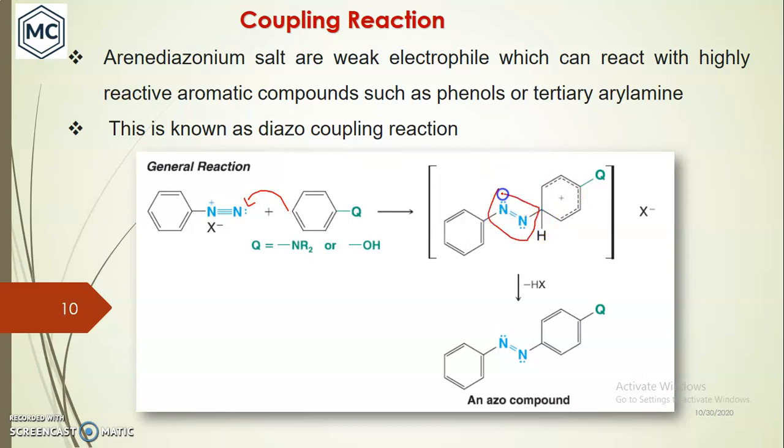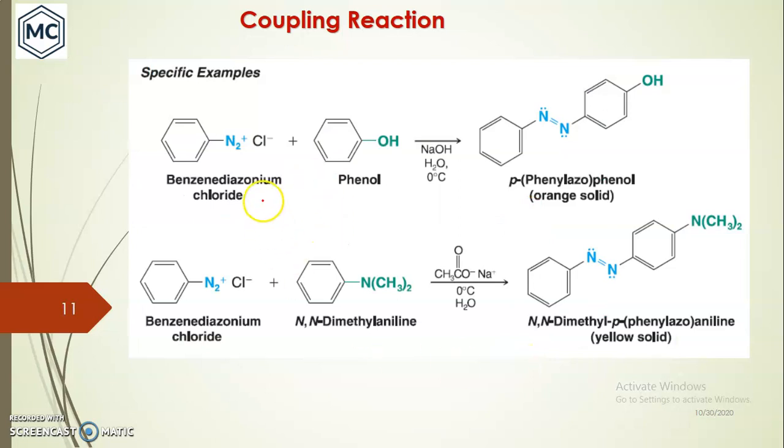Similarly with tertiary aryl amines having NR2, you get the corresponding azo compound. For example, benzenediazonium chloride with phenol forms an orange solid, p-phenylazophenol, and with N,N-dimethylaniline it forms a yellow solid, N,N-dimethyl-p-phenylazoaniline.